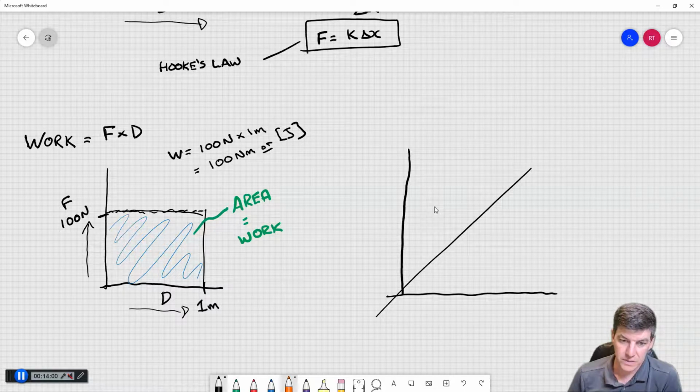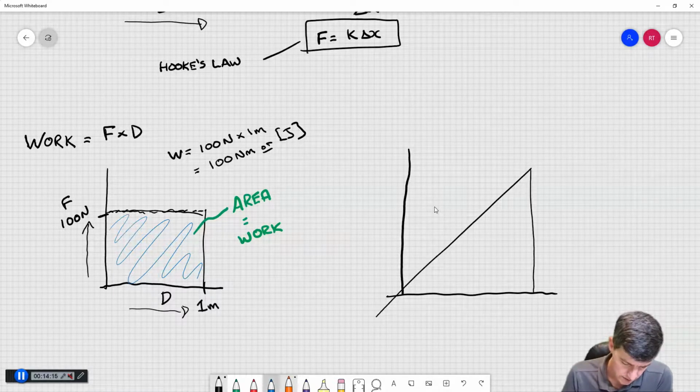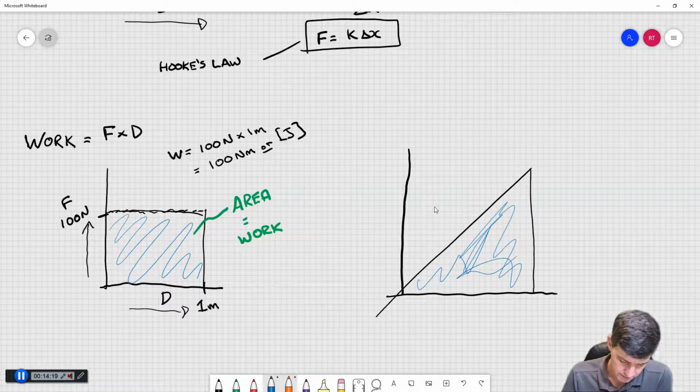My force increases. So if I'm to figure out my work, or the energy inside of that spring, what I'd like to do is, for some given stretch, be able to find the area.